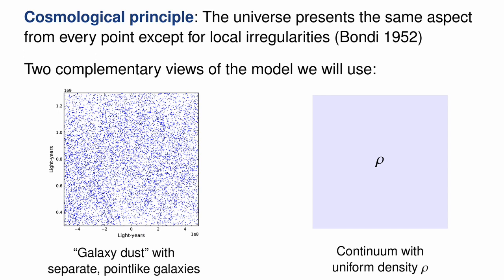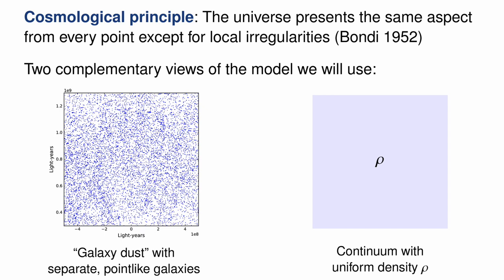But on the other hand, if we talk about dynamics in particular, we're going to go much further and say, well, the universe is really a continuum, and this continuum is described by a constant density, constant in space at least. This density, as we will see, is going to vary over time, of course. And if you look very closely, these are not really compatible, because in a continuum you can go to arbitrarily small scales, whereas here, if you go to smaller scales, you will find these galaxies. But they both describe different aspects of the same universe.